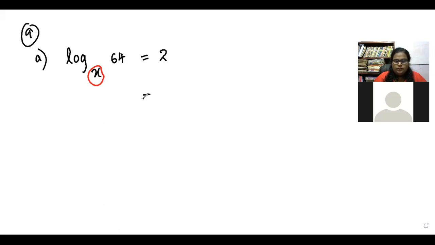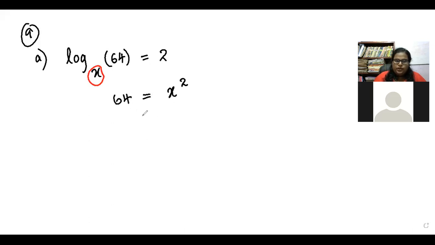You know how to convert this one. Here x is the base, and the power or exponent is 2, and it equals 64, the value inside this log function. So it should be x squared equals 64.